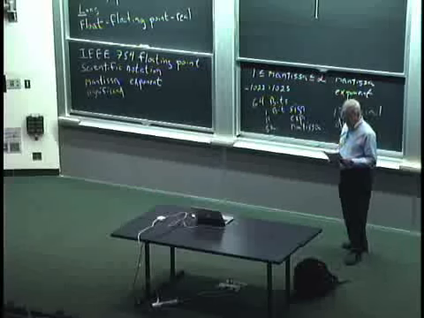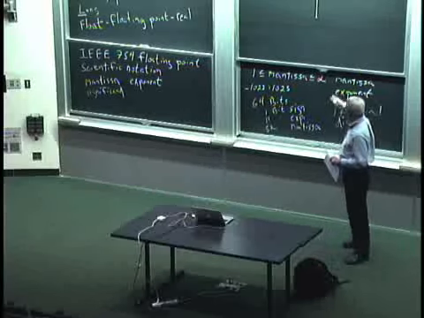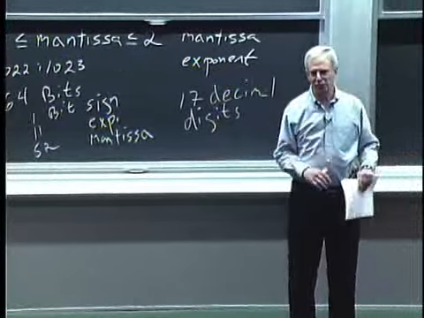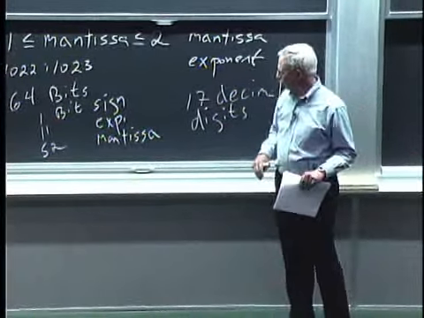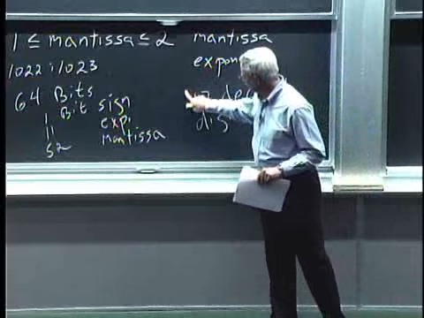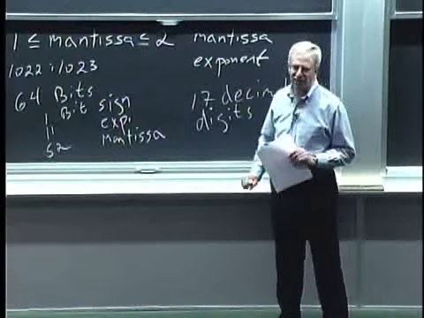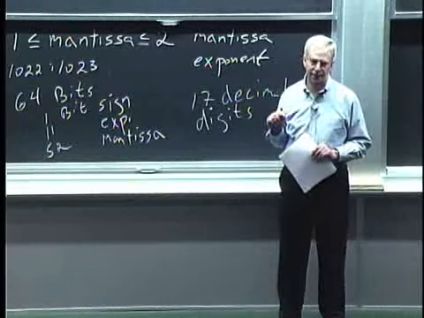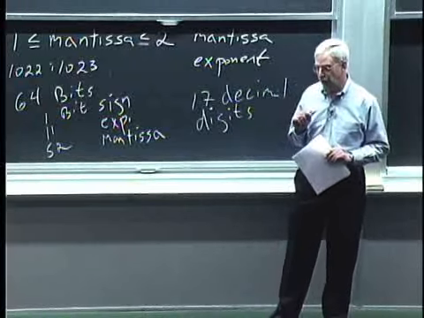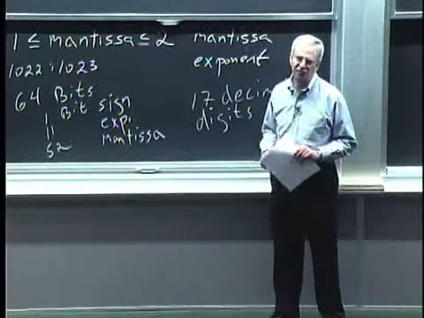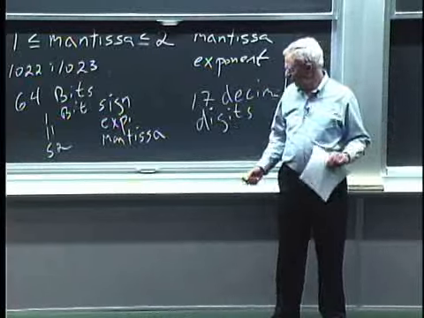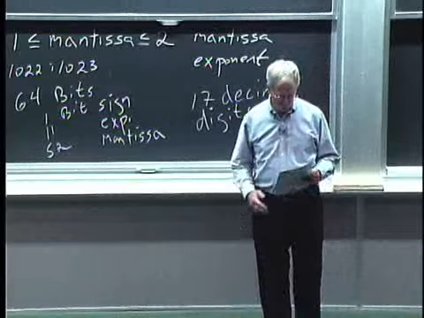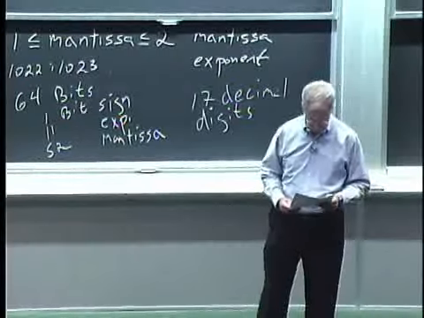This is an important concept to understand, that unlike the long ints where they can grow arbitrarily big, when we're dealing with floating points, if we need something more than 17 decimal digits, in Python at least, we won't be able to get it. And that's true in many languages. Now, the good news is this is an enormous number, and it's highly unlikely that ever in your life you will need more precision than that.